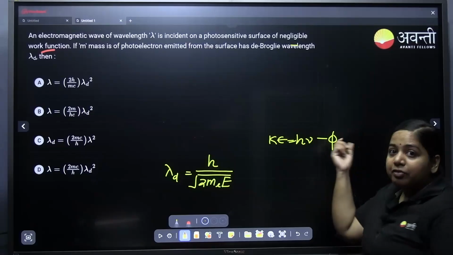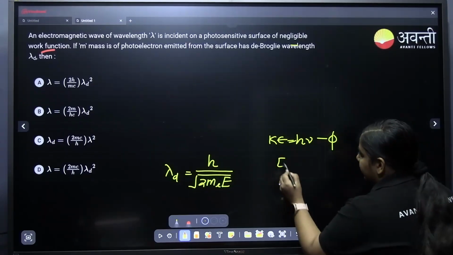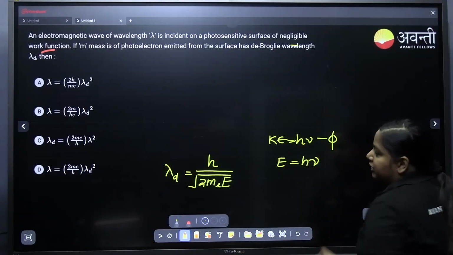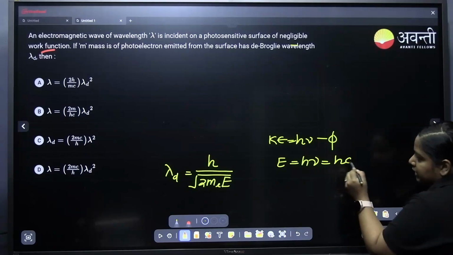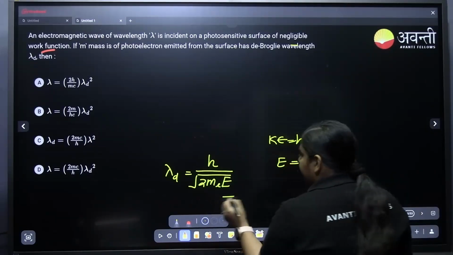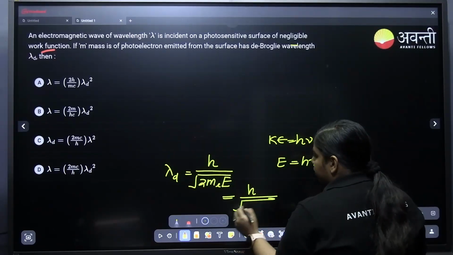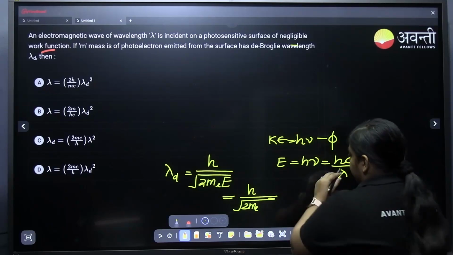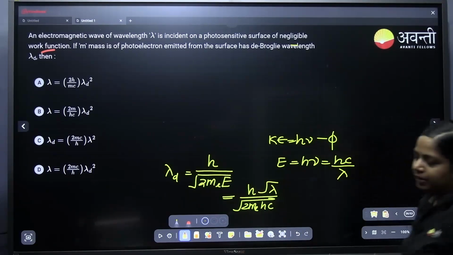Phi is approximately 0, so we can directly write energy of electron equal to h nu. Since we have to write in lambda, it can be written as hc by lambda. Substituting that, you get h by root of 2 m hc by lambda.